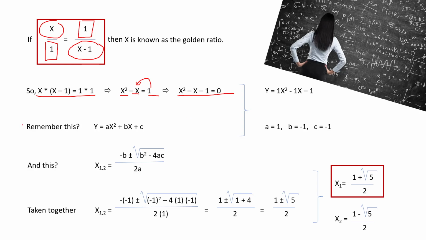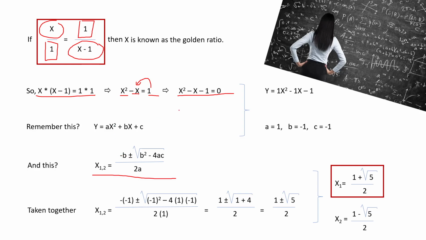Now, going back to high school, you've got an equation to solve this, to find the x's. I don't know what the plural for x is. You've got y equals ax squared plus bx plus c, and how do you find those x's? x1 and x2 equal minus b plus or minus the square root of b squared minus 4ac, over 2a.